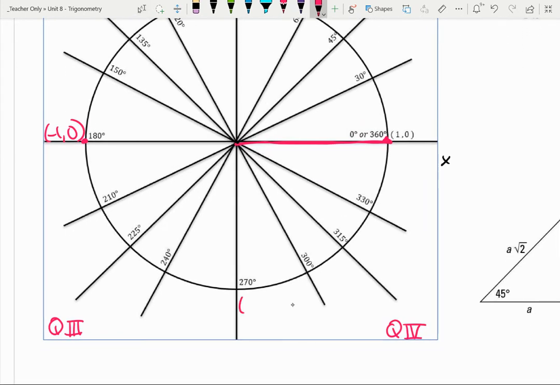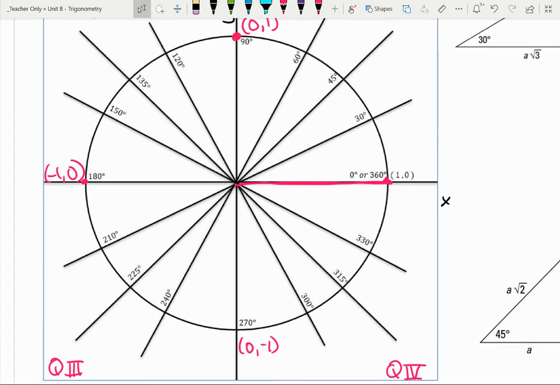And then at 270 degrees, now we're below, we're at 0, -1, and then back over to 360 degrees would get us back to the coordinate point 1, 0. So everything on the edge of the circle can be represented by a coordinate point. Now those 4 coordinate points are really easy to look at because they're right there on the axes.